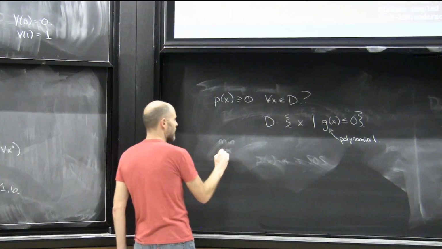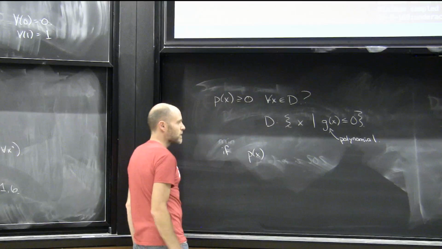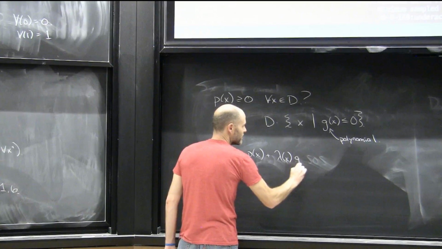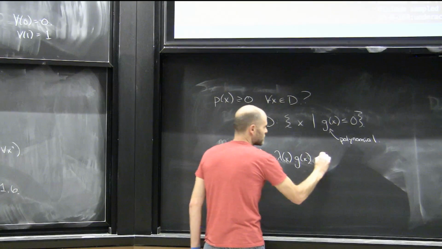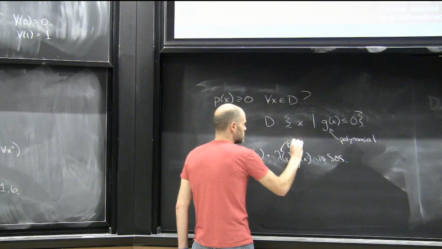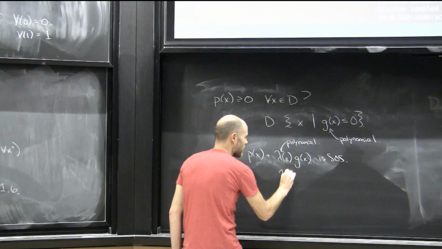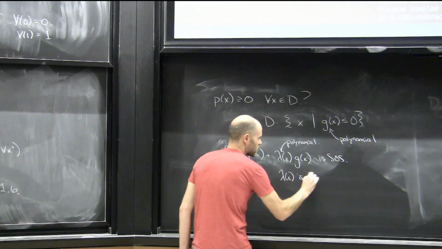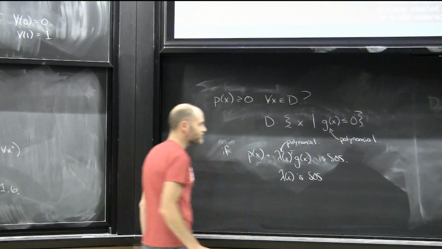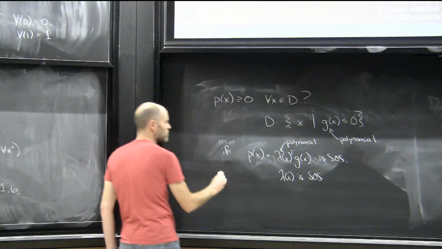If I can say that p of x plus lambda of x times g of x is sums of squares, where this is yet another polynomial, and lambda of x is sums of squares, then this is true.